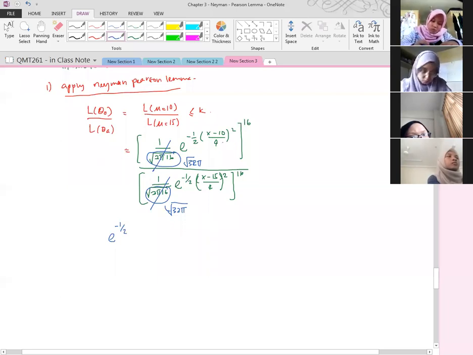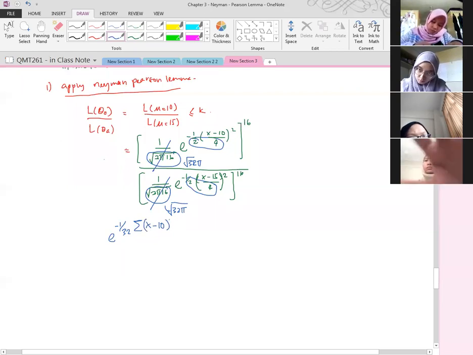We can take 4 and 2 multiplied together, it becomes 1 over 16 multiplied with 2, which is 32, and the summation of x minus 10 squared, from i equal to 1 until 16, xi.